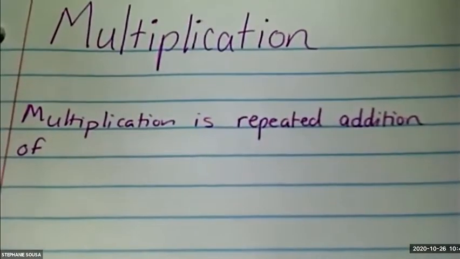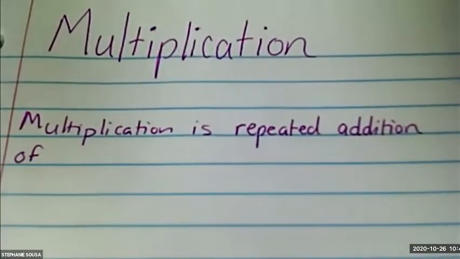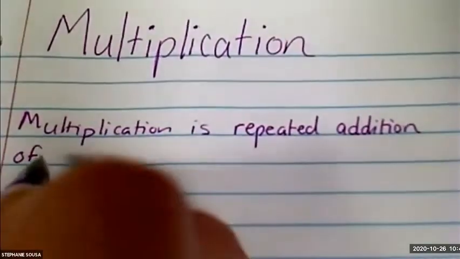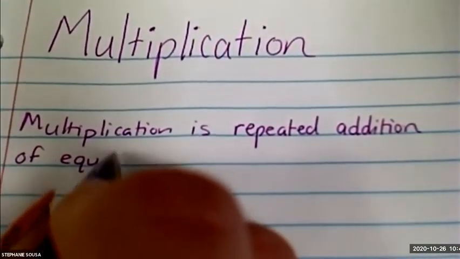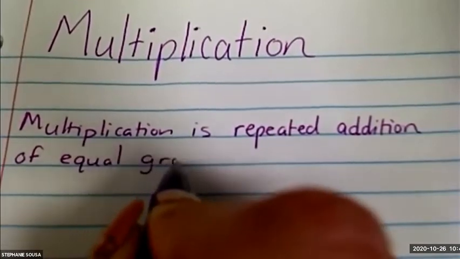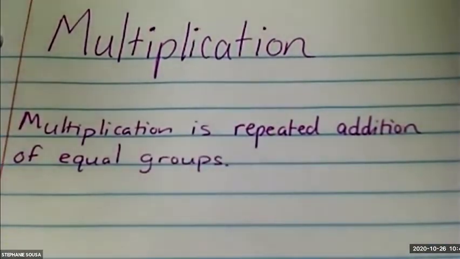Multiplication is repeated addition of equal groups. And that's the full definition. Multiplication is repeated addition of equal groups. I'll give you a moment to finish writing that. Multiplication is repeated addition of equal groups.